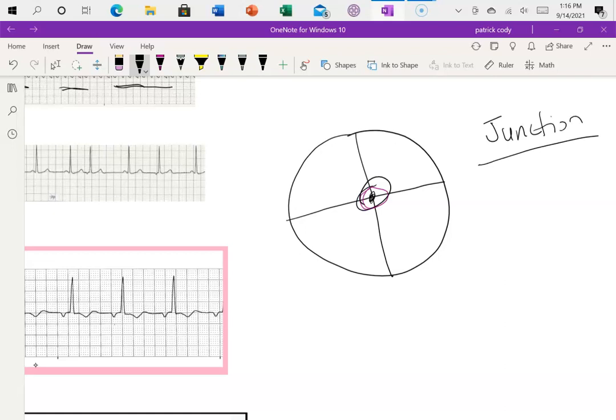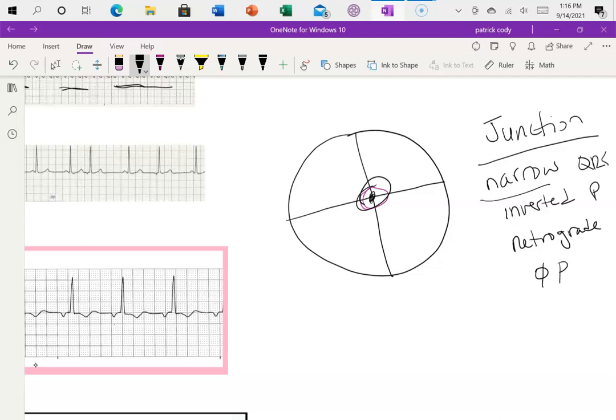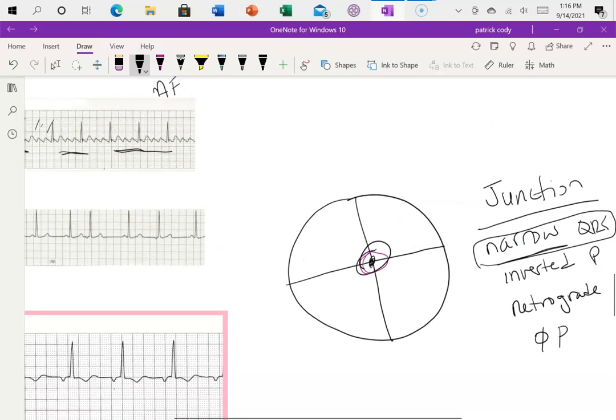It's going to be largely a narrow QRS. It's going to be either an inverted P, a retrograde P, which means we see it after the QRS, or no P. But the thing you can always count on is this narrow QRS. So if you see a narrow QRS complex pop up without a P wave, that's how we're going to differentiate this from being atrial versus junctional.